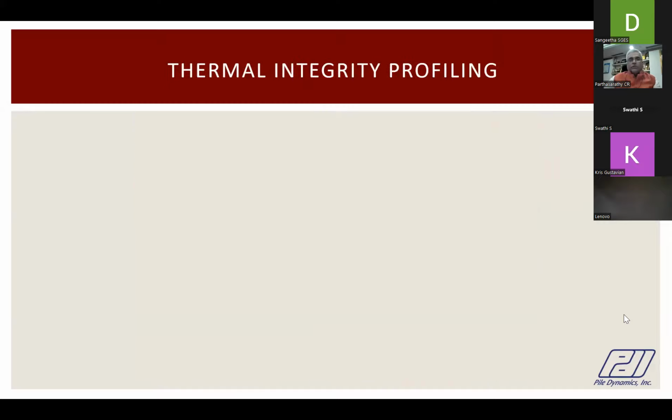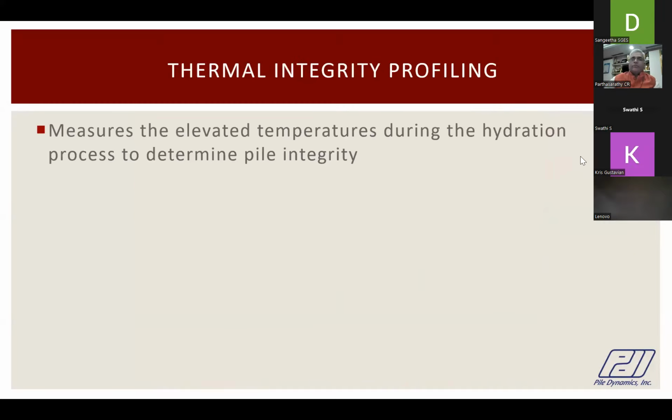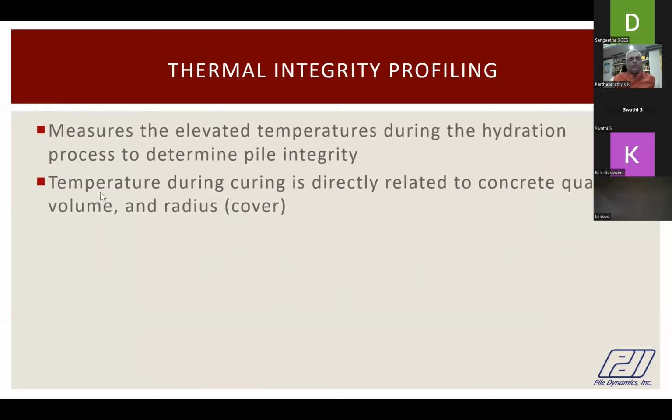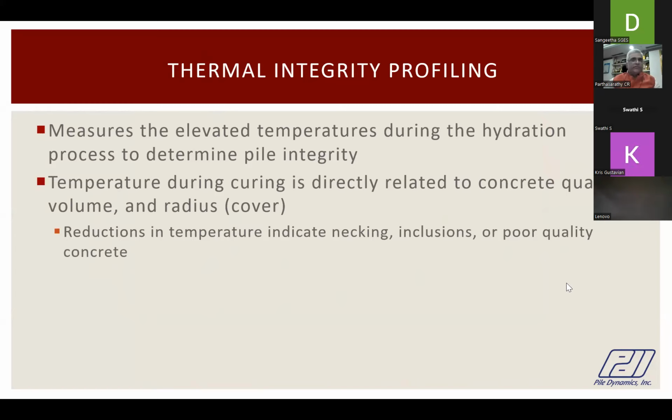Okay. So as you pour the concrete, the hydration process generates heat. These temperatures measured during the hydration process help to evaluate the integrity of the pile. The temperature during curing is directly related to concrete quality, volume, and the radius.